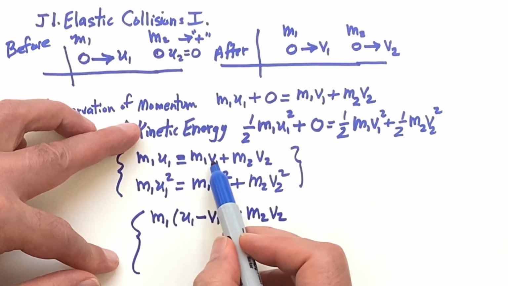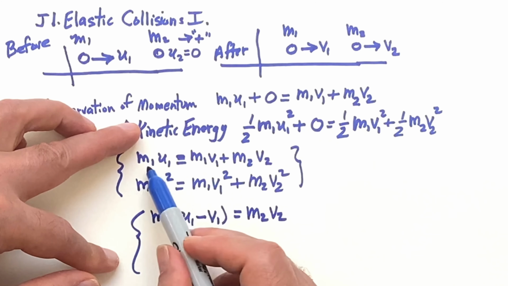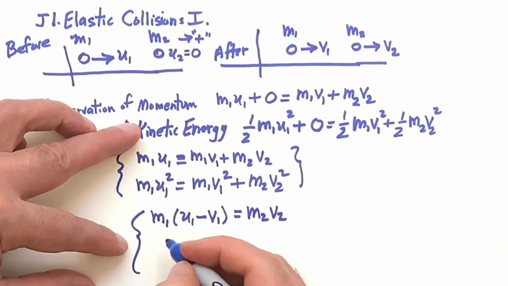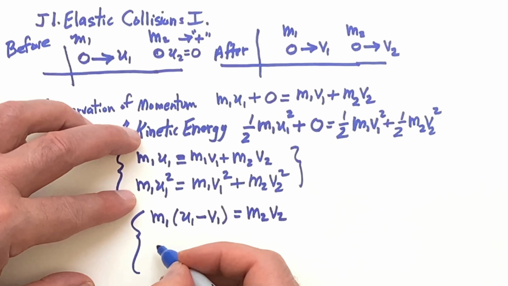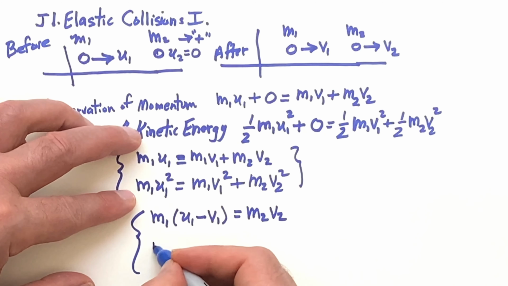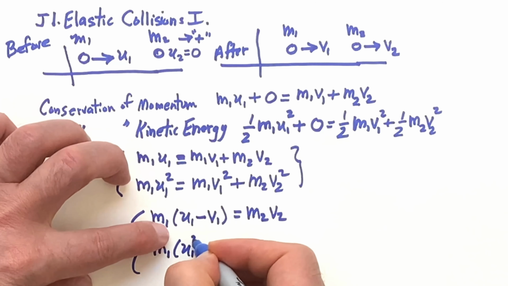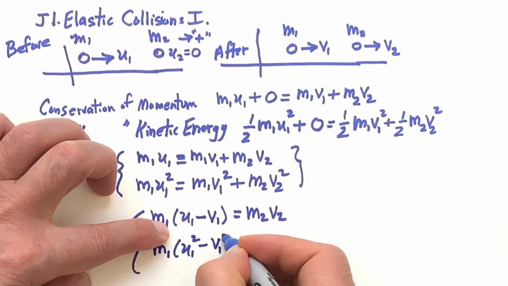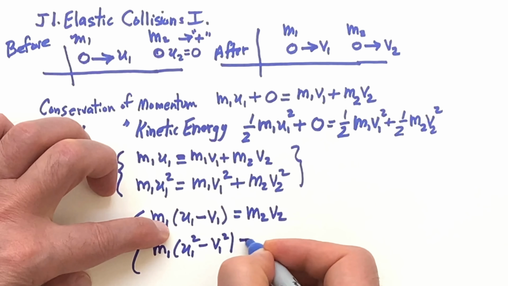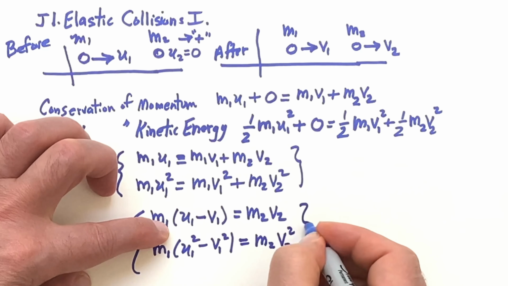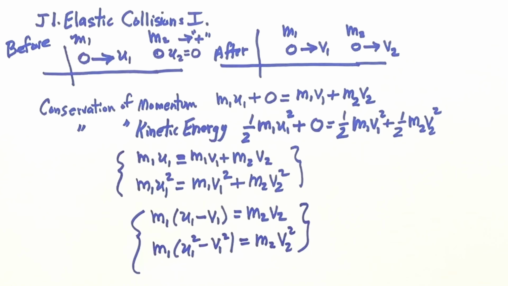We're subtracting M1 V1, so the M1's in common to both of those. And then here we'll subtract the M1 V1 squared. So M1 is in common to both of those, so we have U1 squared minus V1 squared, and that's going to be equal to M2 V2 squared. So here are two equations.